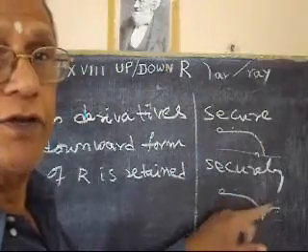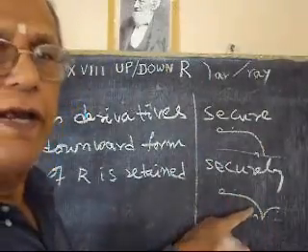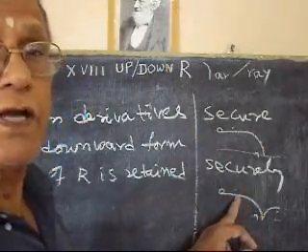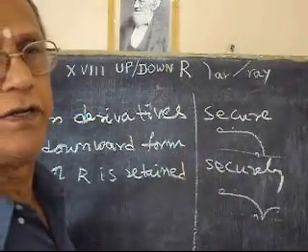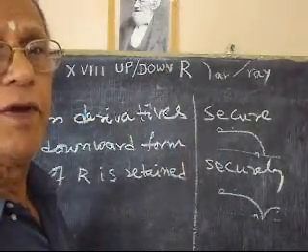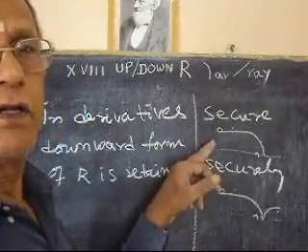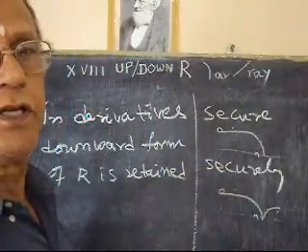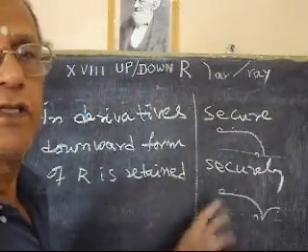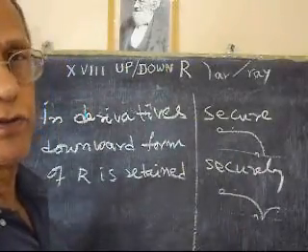In the derivative securely, you retain that downward form, though it has occurred medially in the word. The general rule is that medial R is written upward. But in such cases, when the downward form is used in the root word, you retain the same form in the derivative also.